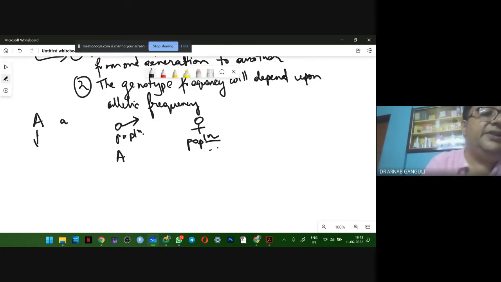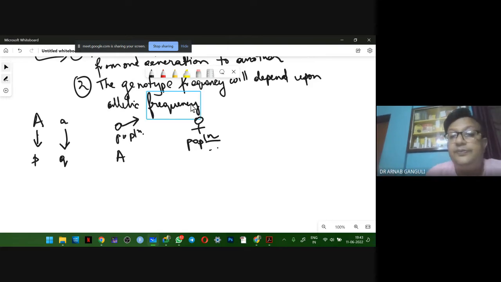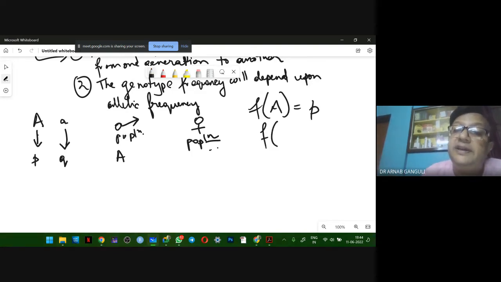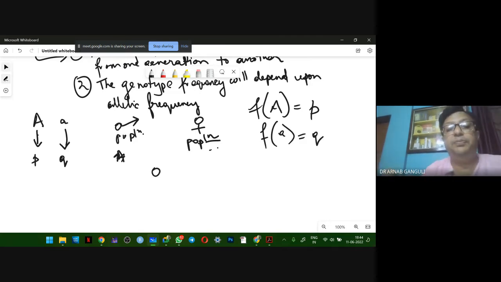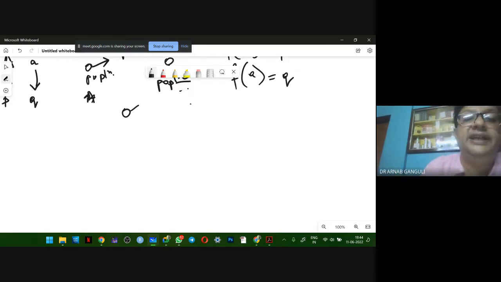So let the frequency of A be p and frequency of small a be q. So f(A) is equal to p, f(a) is equal to q. So let's do a Punnett square. From the Punnett square, you can understand. In the males, you have two alleles in the gene pool, capital A, small a. Then you have females below, capital A, small a.